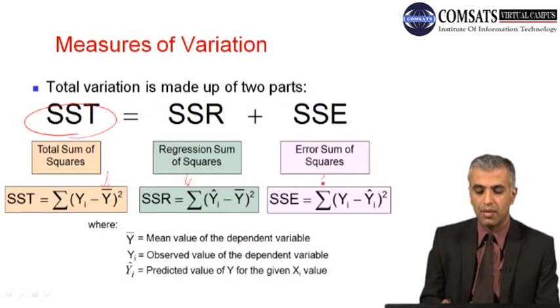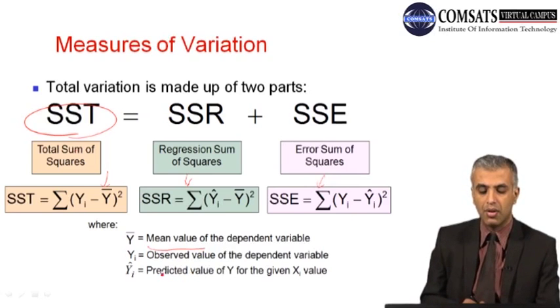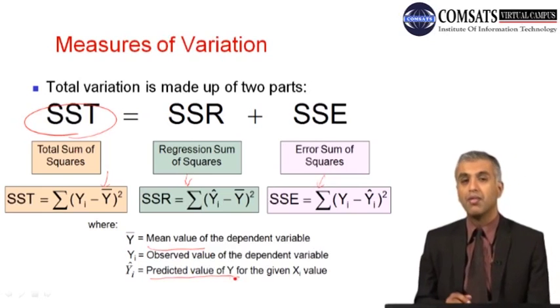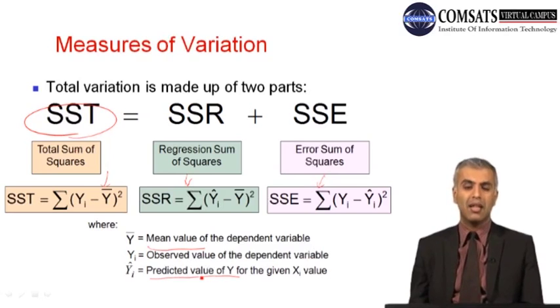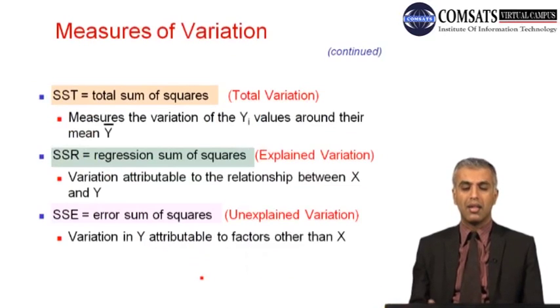From here you can see that y bar is the mean value of the dependent variable, yi is the observed value of the dependent variable, and yi hat is the predicted value of y for the given xi value. We will discuss in detail the implications of all these concepts.